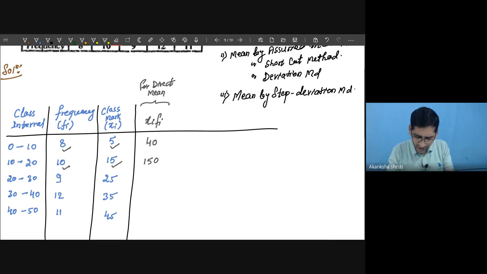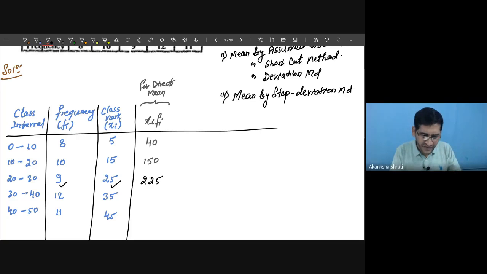If you have any doubt, please ask, because I had explained earlier, so I am not writing the multiplication steps here. You can calculate and directly write in the table. The next one is 25 into 9, which is 225.